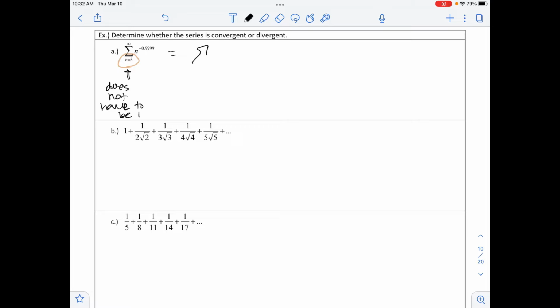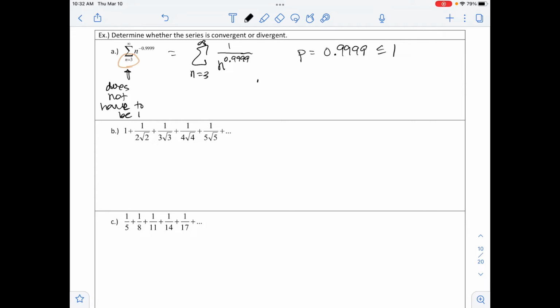And I can rewrite this as the sum from n equals 3 to infinity of 1 over n to the 0.9999. And using our p-series test, we know that p is equal to 0.9999, which is less than or equal to 1.